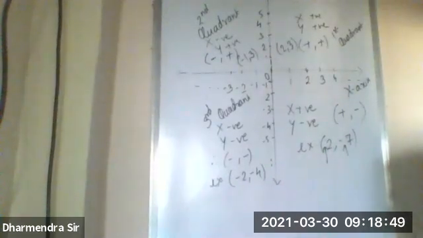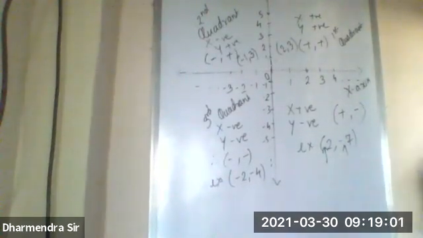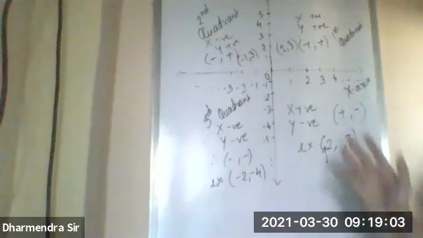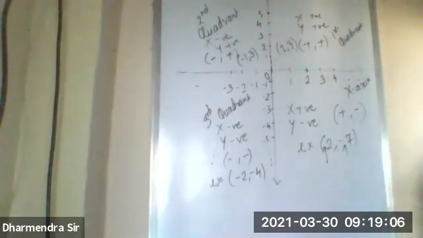Please open practice set 7.1, page number 93. State in which quadrant or on which axis do the following points lie. Means they are asking whether the given points are lying on an axis or in a quadrant.